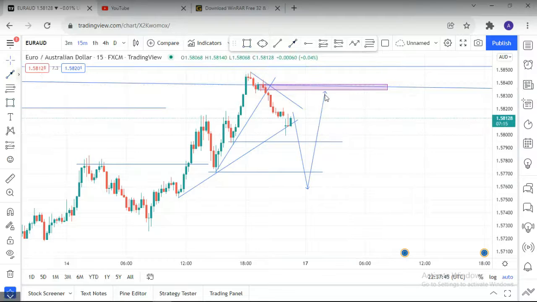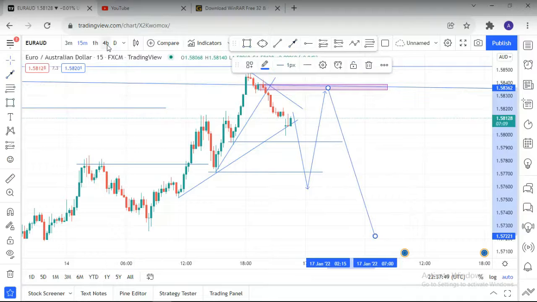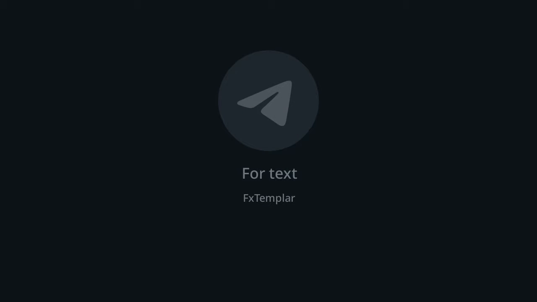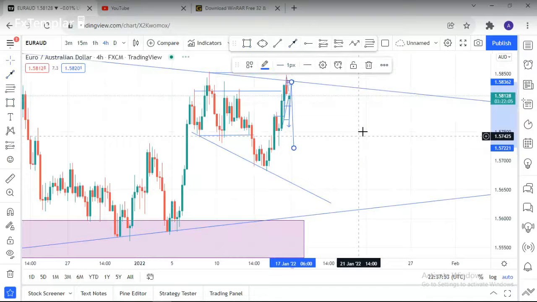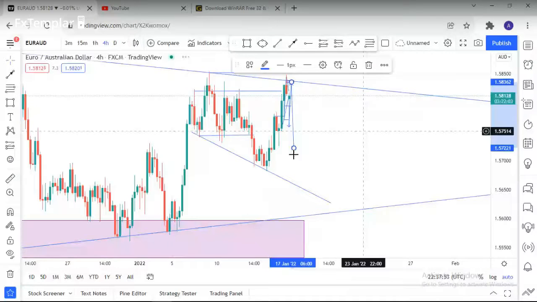From there I would have no doubts about my bearish continuation, at least up until price comes back to somewhere around here.